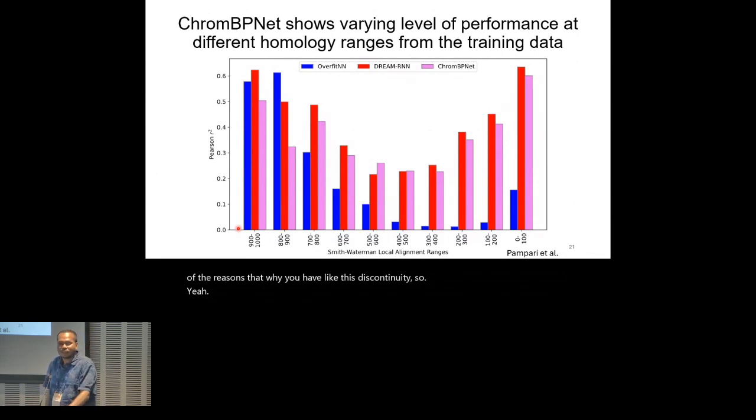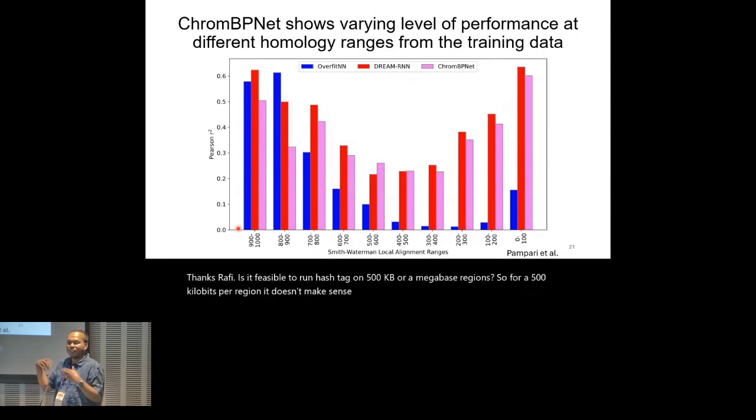Thanks, Rafi. Is it feasible to run hashfrag on 500 kb or megabase regions? For a 500 kilobase region, it doesn't make sense for two sequences to have a shared ancestry, so it wouldn't be directly that these two sequences are homologous. But as I mentioned, we were planning to pre-compute the score.